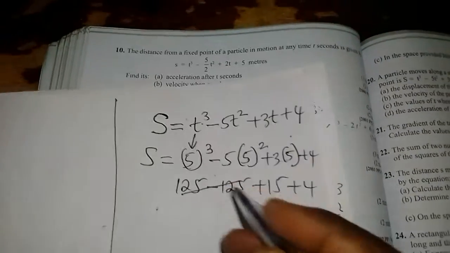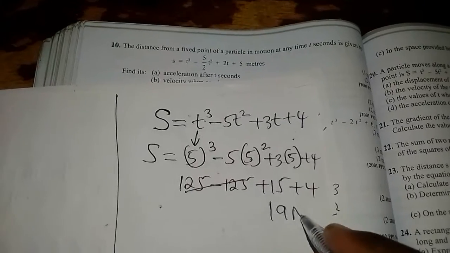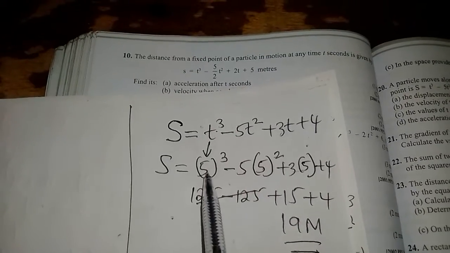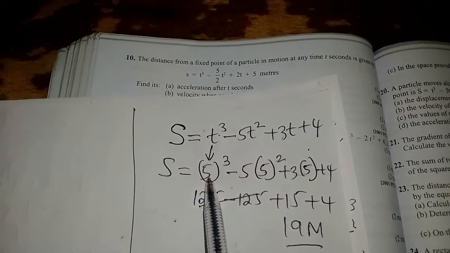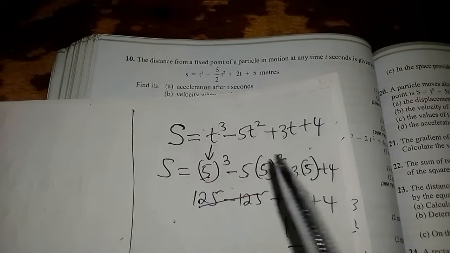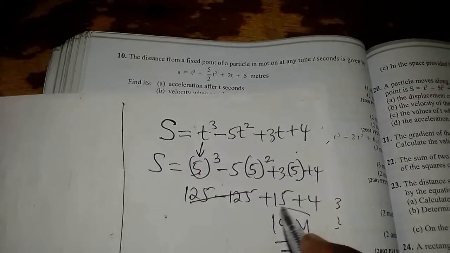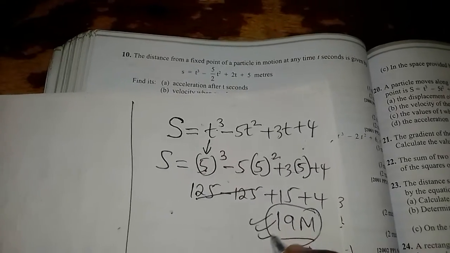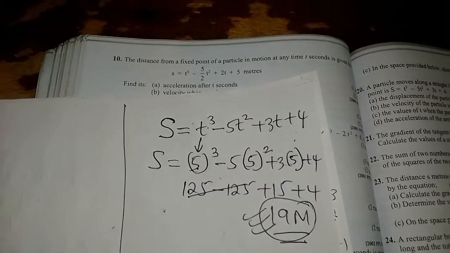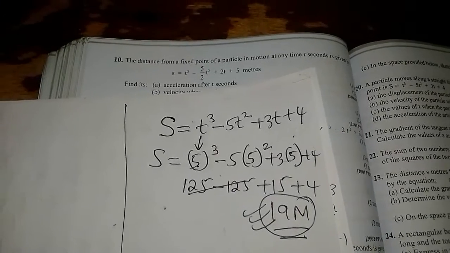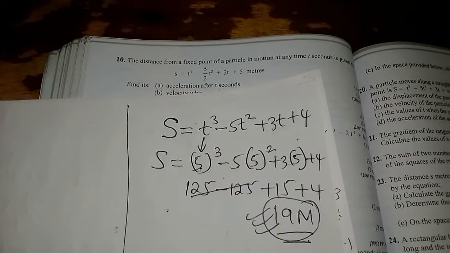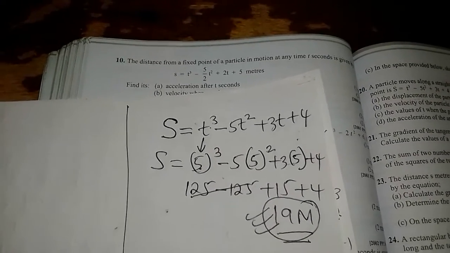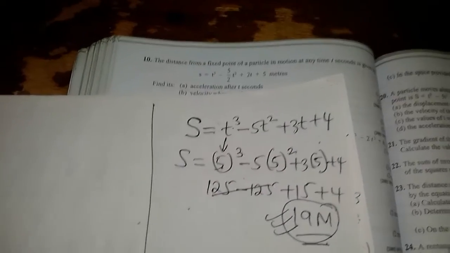This gives me 19 meters. So after 5 seconds, the particle would have been displaced a total of 19 meters. Displacement is a vector quantity measured in meters, and that becomes our final answer.